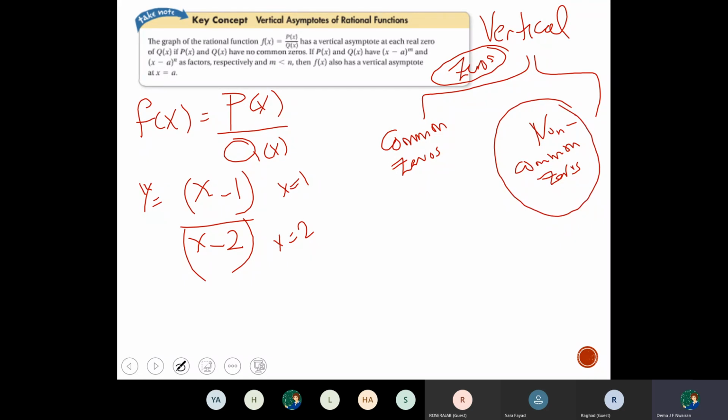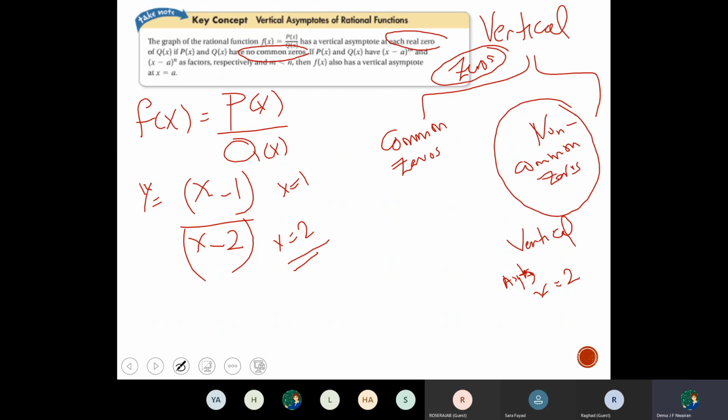For this type of function, when there are no common zeros between p of x and q of x, I will say that the vertical asymptotes will be at each real zero of q of x.